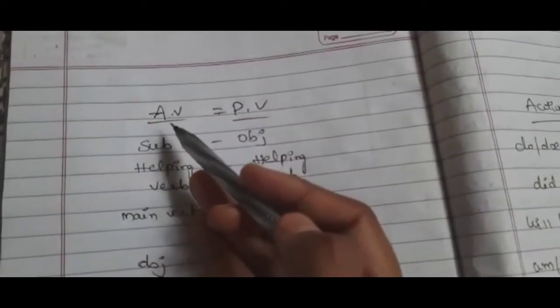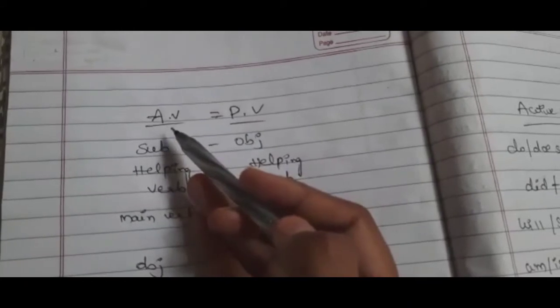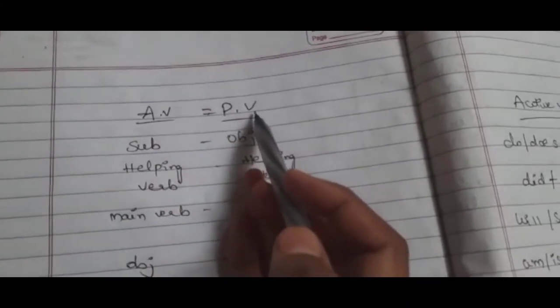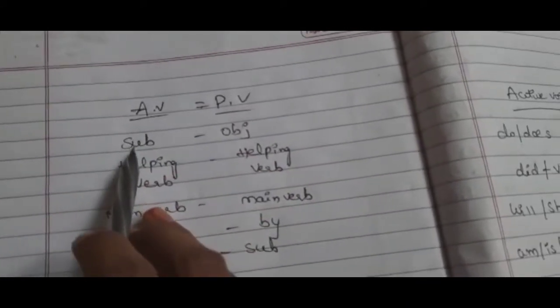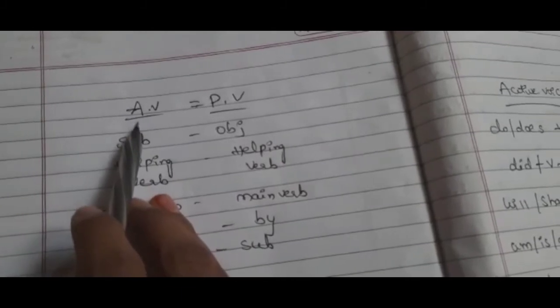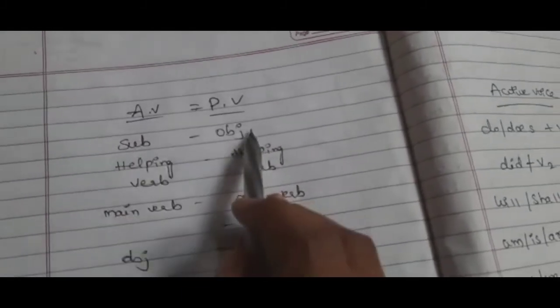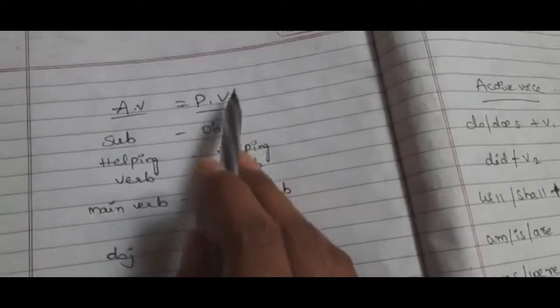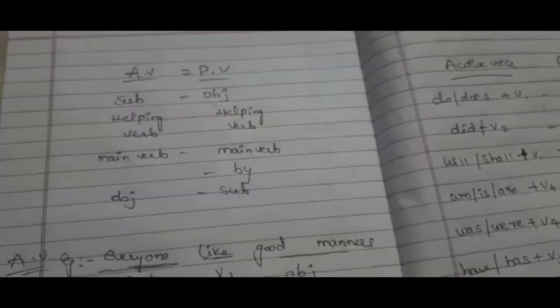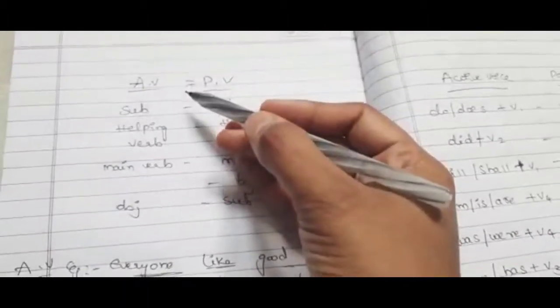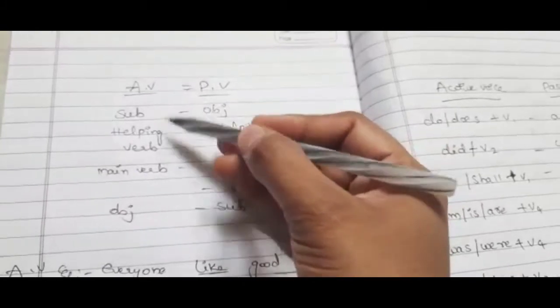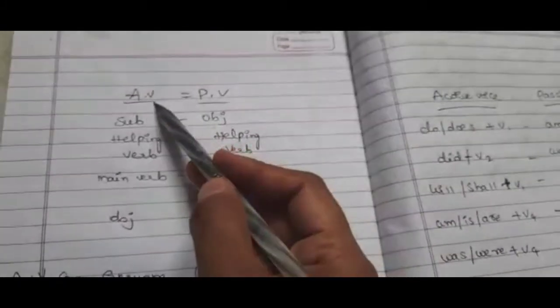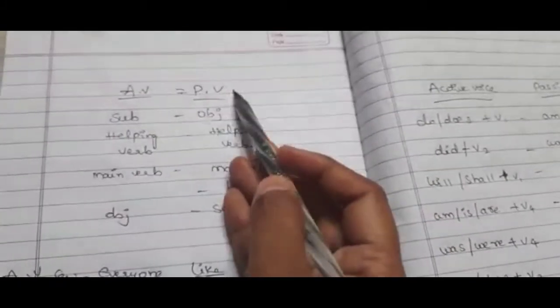Then if a sentence is in active voice, how do we have to convert that into the passive voice? In an active voice sentence, the subject must be converted into the object in the passive voice sentence. And for our easy understanding, we use AV for active voice and PV for passive voice.